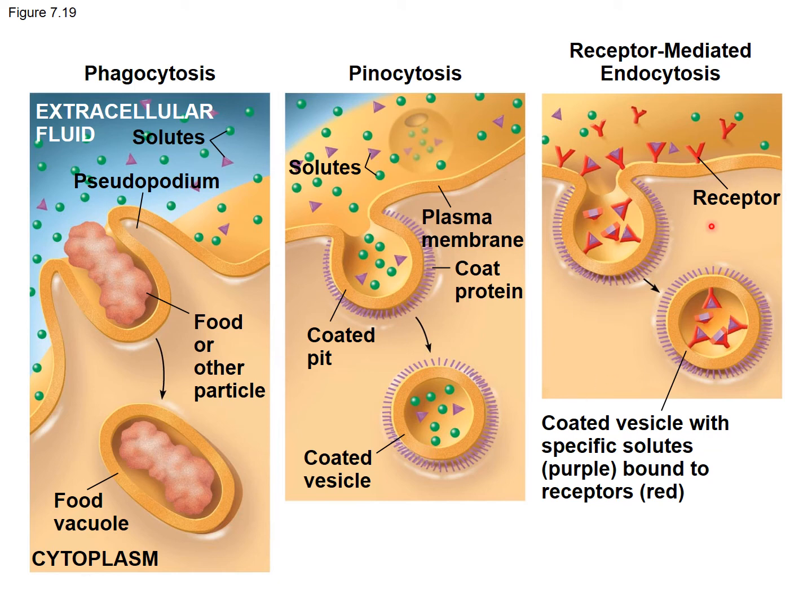And then receptor-mediated endocytosis requires a specific interaction between a receptor and a ligand, or a molecule that binds to it. Once it binds, it forms these coated pits, which will be handled in a different way in terms of metabolism.